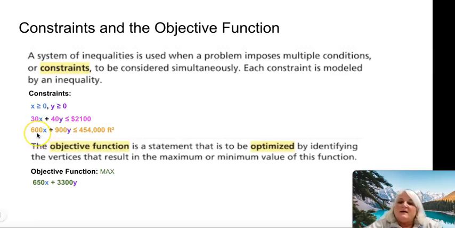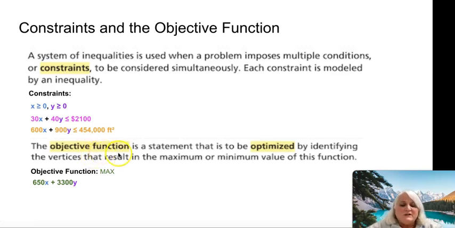And then the amount of land that it took up was in square feet, so there was 600 square feet taken up for the spruce trees and 900 square feet taken up for the maple trees. And then we couldn't go over 454,000 square feet, because that's the amount of land that they had available.